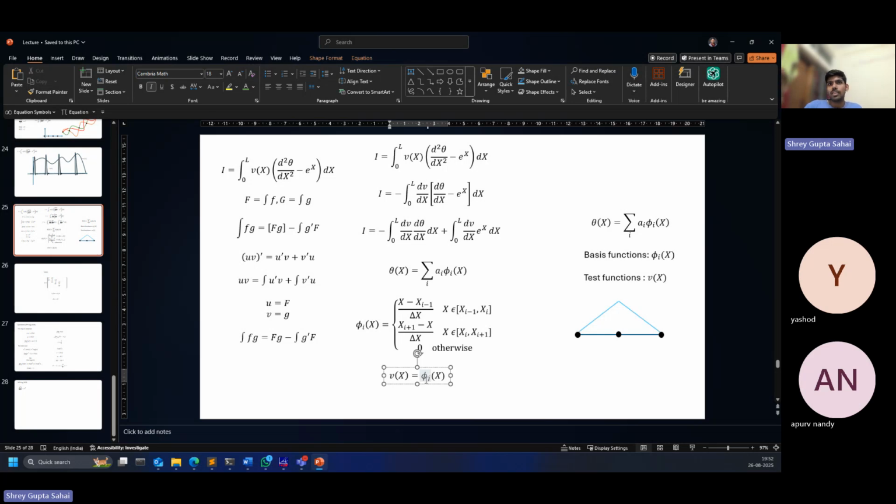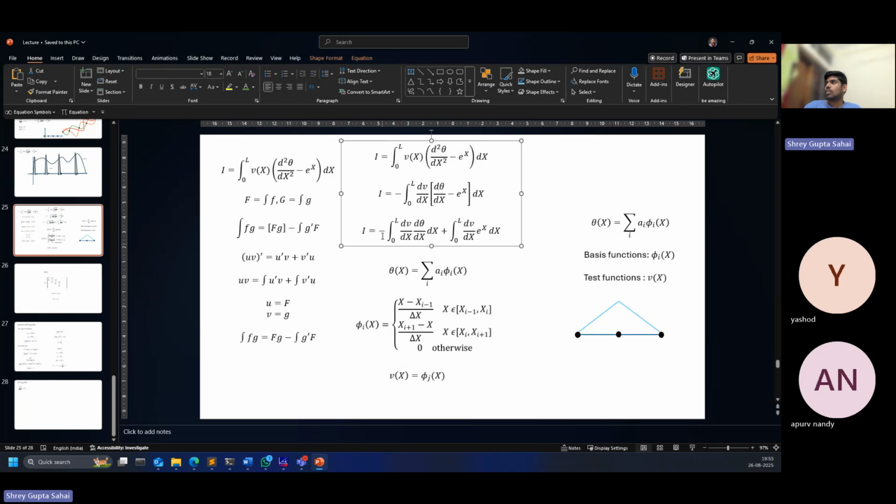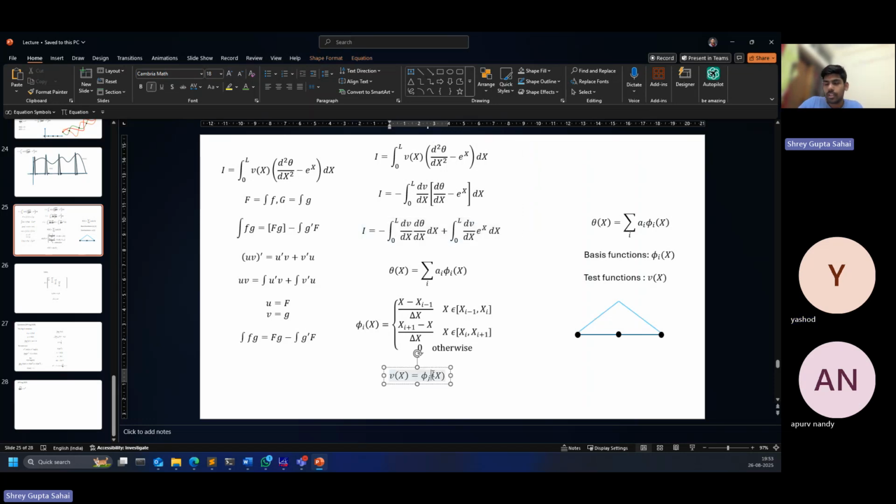So this j represents that node. So you will have n solutions to this integral, every time making it zero around a different node. So you have to do it n times, around every node. So this j value is coming from there. That is the first thing.